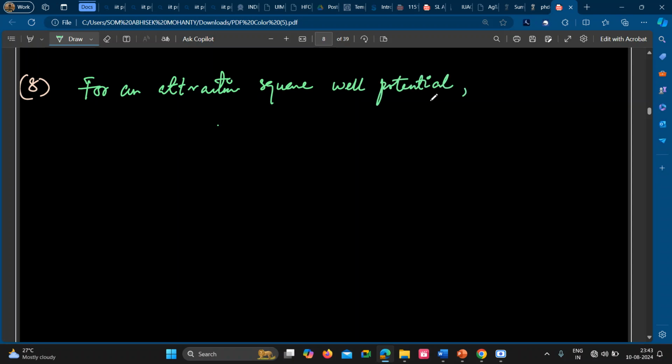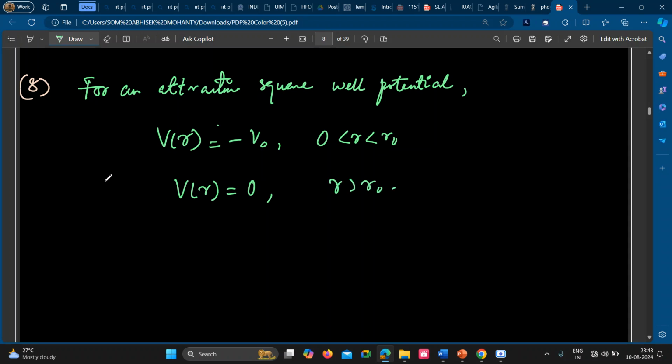Write down. For an attractive square well potential, V(r) is equal to minus V naught for 0 less than r less than r naught, and V(r) is equal to 0 when r is greater than r naught.